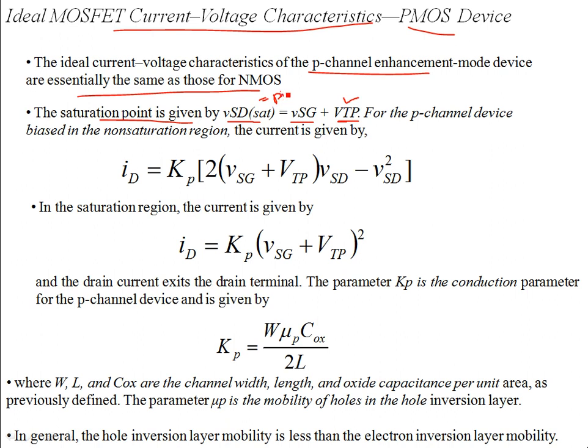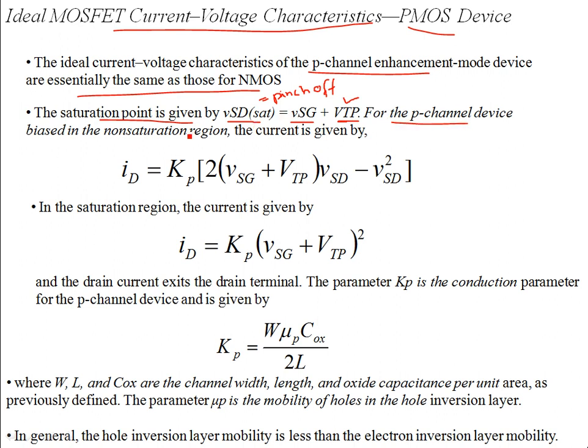This is the point at which the charge density at the drain terminal is 0. It's pinched off, so increasing VSD beyond this point doesn't help in increasing the current. It's just the establishment of the electric field which drives the holes from the source to the drain, and beyond VSD sat, we can't increase ID.